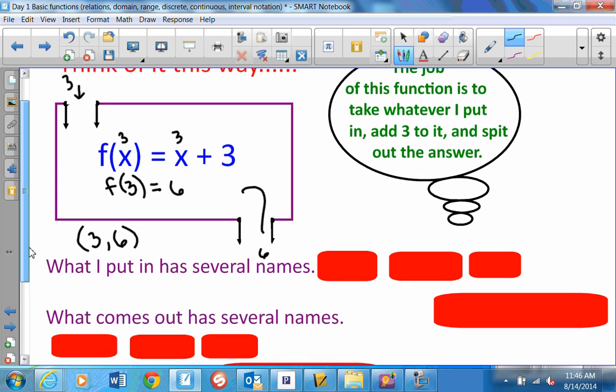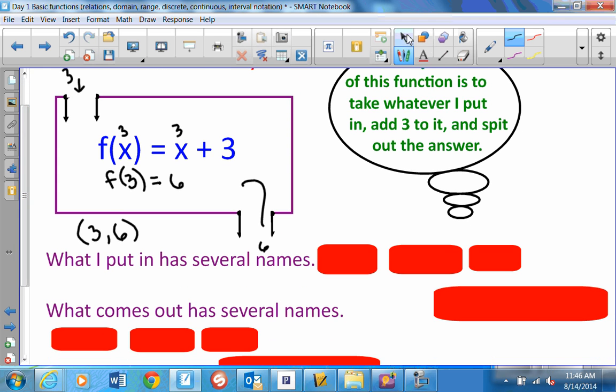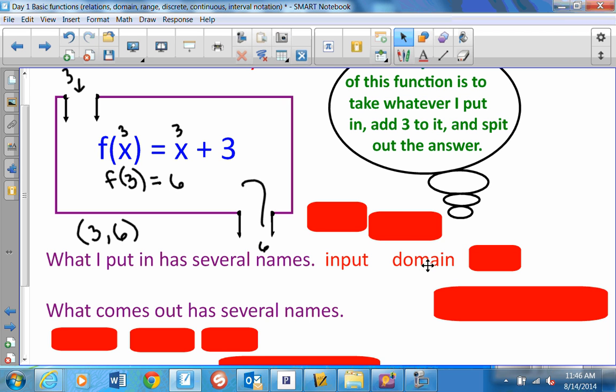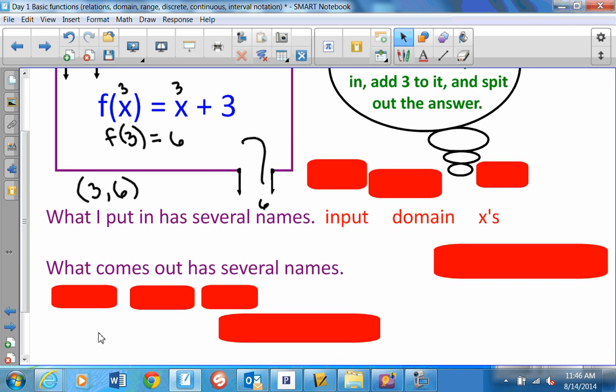Now, what you put in has several names, and y'all mentioned a few of them. We can call it the input, the thing you put in. We also call that the domain. It's also your X's. You mentioned all 3 of those in our warm-up today, so that's good. You remember the terminology. What comes out has several names. Give me a couple.